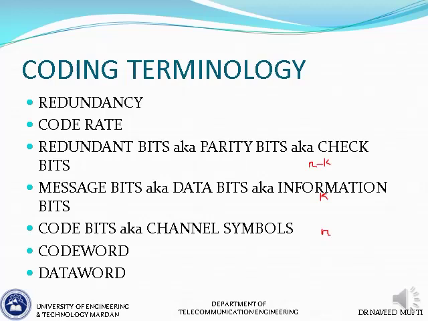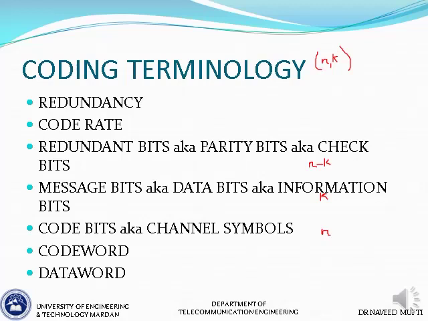So in coding terminology we use (n, k). The term (n, k) refers to the fact that we will have the total number of bits as n, among them k will be data bits. So n minus k will be the number of redundant bits or parity bits.